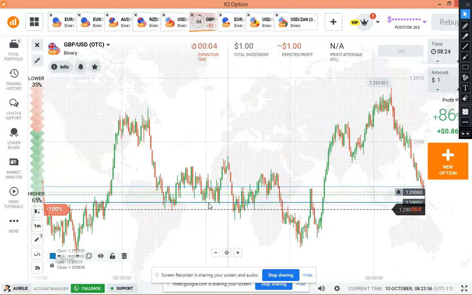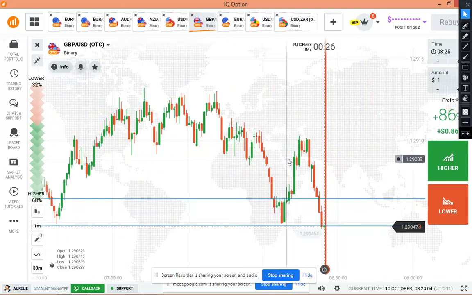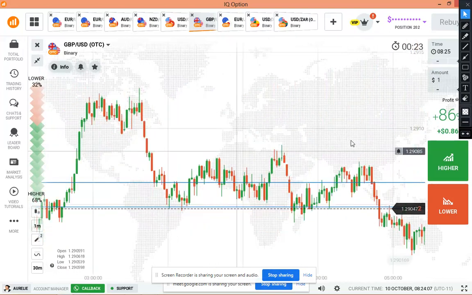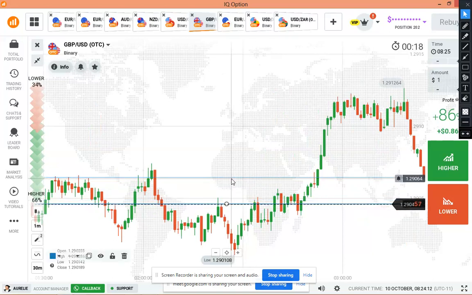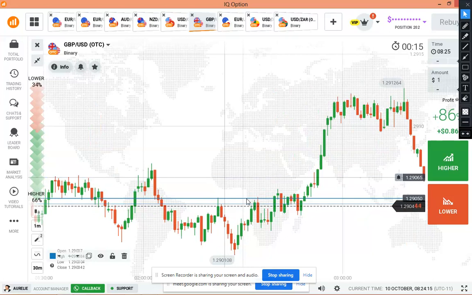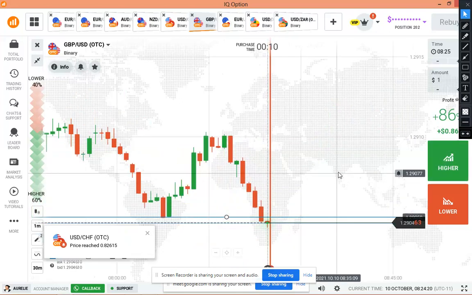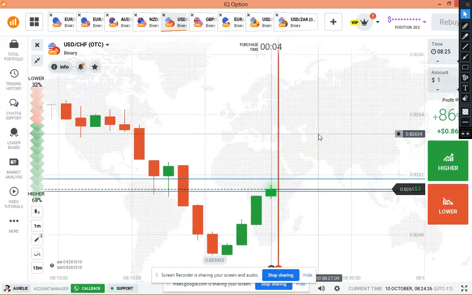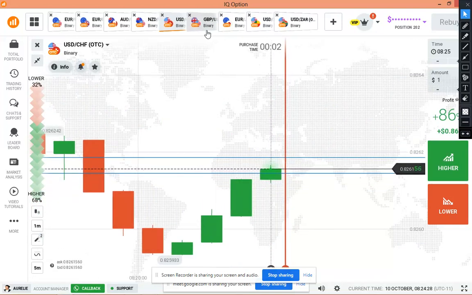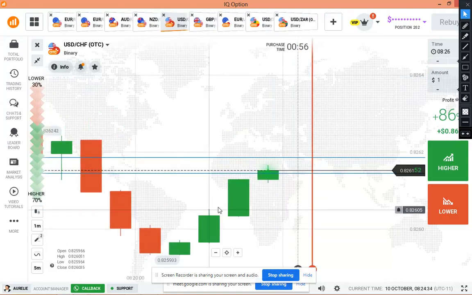Okay, if I should draw the next reversal zone, it's going to be somewhere here. Very strong momentum. I don't think the market is reversing. Strong bullish momentum.